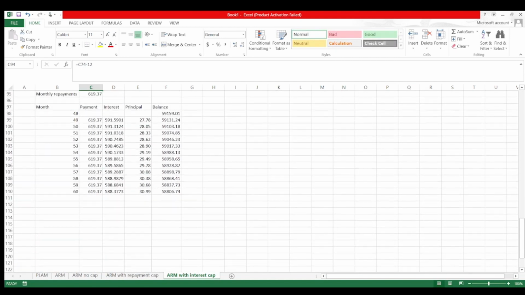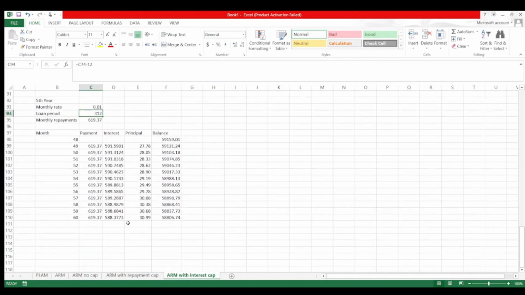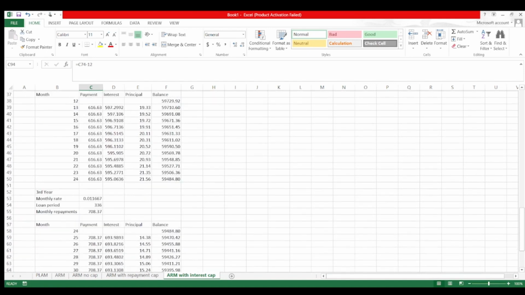Now, with that being done, these are your new monthly payments, and the loan balance at the end of the 5th year is 58,806.74.